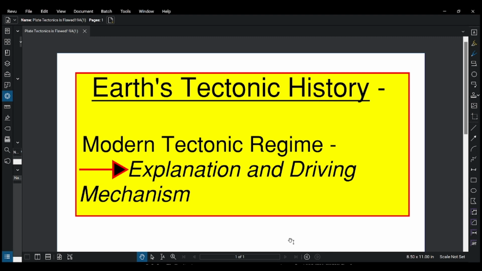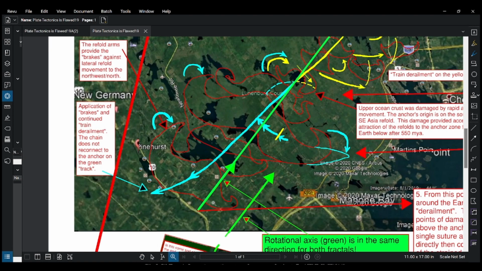Okay, so now Earth's tectonic history. We're going to talk about the modern tectonic regime, the explanation and driving mechanism. If we review the last bit of the previous tectonic regime, or the beginning of this one, things are officially derailed from that bonding to the equatorial spin axis as a chain; now the elements are independent.